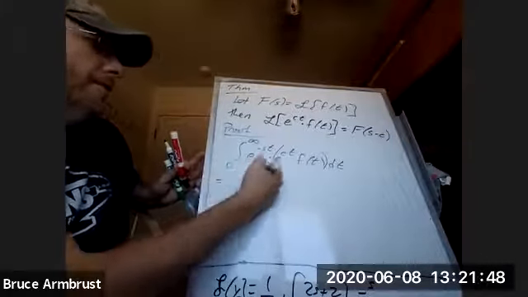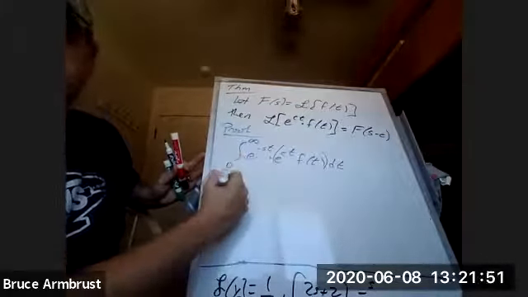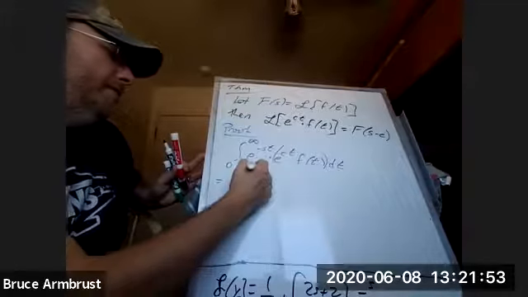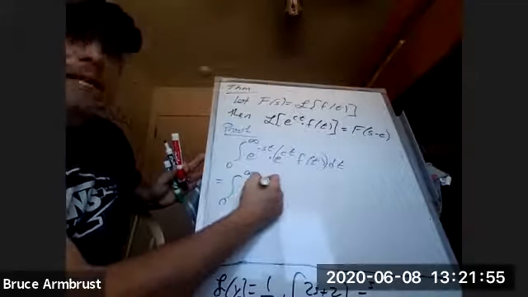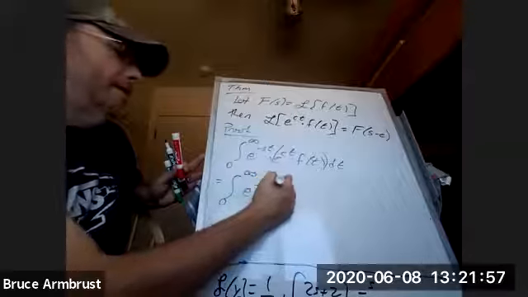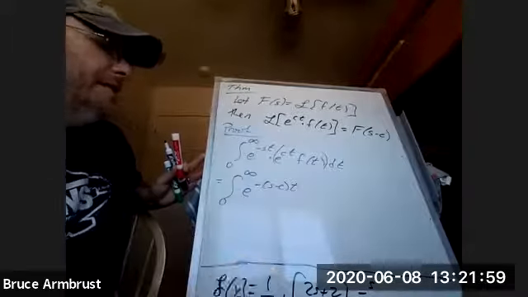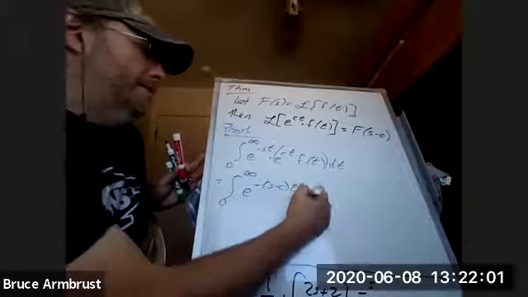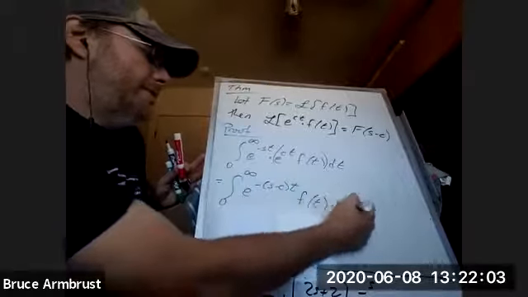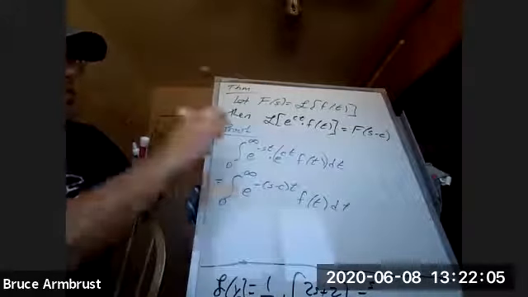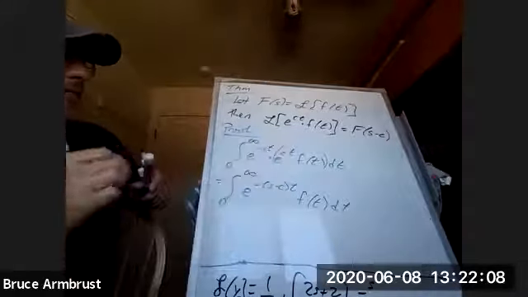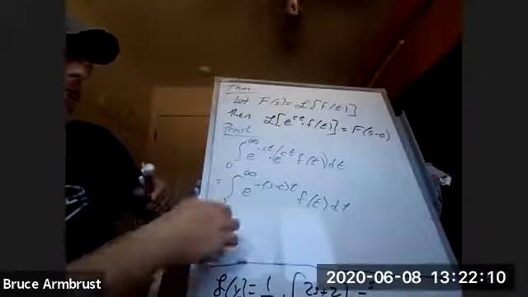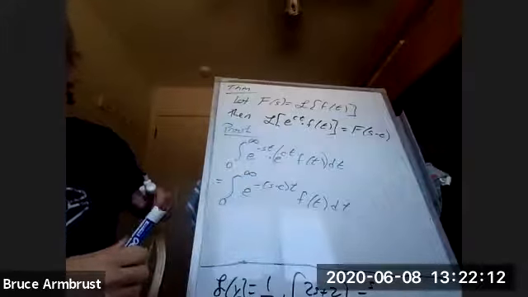All right, if I use the rules of exponents, this becomes the integral from 0 to infinity of e to the minus (s minus c) times t, times f of t. So when I multiply these together, I can add the exponents, and then I just factor out a minus t.